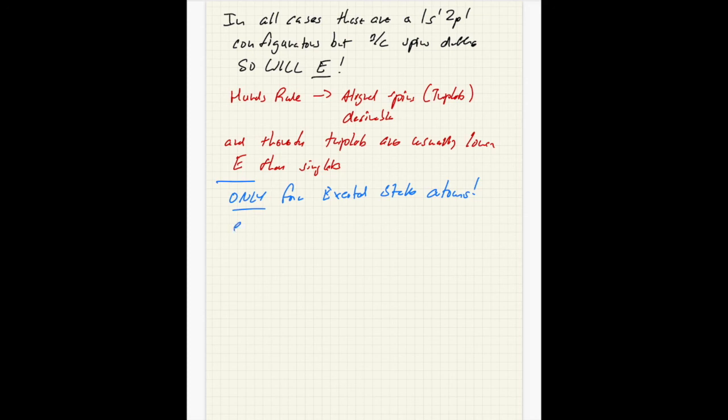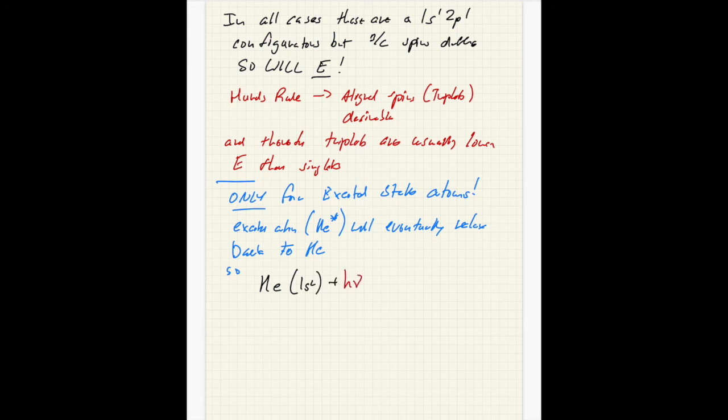Okay, now it's important to note that all this is only for excited state atoms. This is where we have an atom that absorbed a photon, goes from the ground state to some sort of excited state. And we're going to indicate excited states by the little Tinkerbell sign, little asterisk by the atom. It's still an atom. It's not ionized or anything like that, but it has more energy than you would expect from a ground state atom because it absorbed that photon and one of its electrons got promoted to a higher lying energy state.